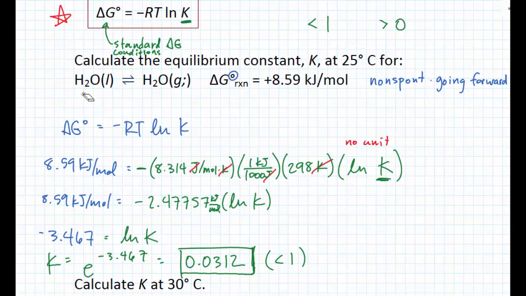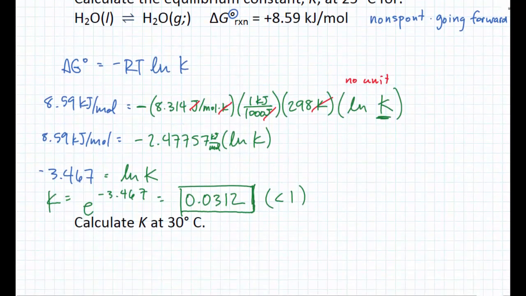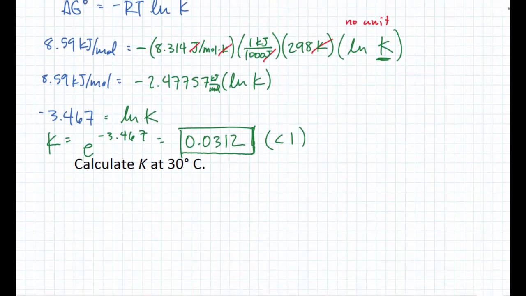Okay, so what we could do is calculate K at 30 C. If you think back to vapor pressure, increasing the temperature does what to the vapor pressure? Increase. Yeah, it should increase the vapor pressure. All we would be doing here is, instead of 298, 30 plus 273, 303.